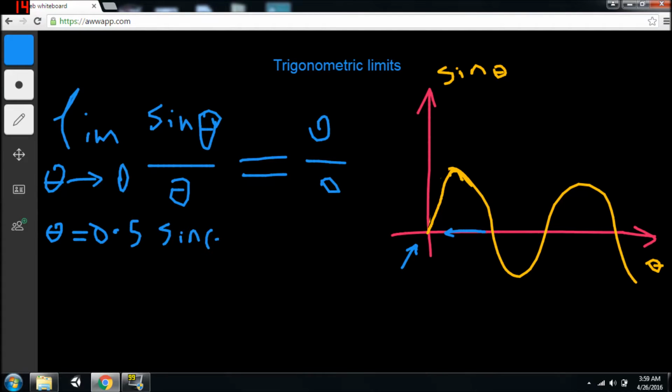So sine 0.5, I'm just going to use my calculator, is going to be 0.479.